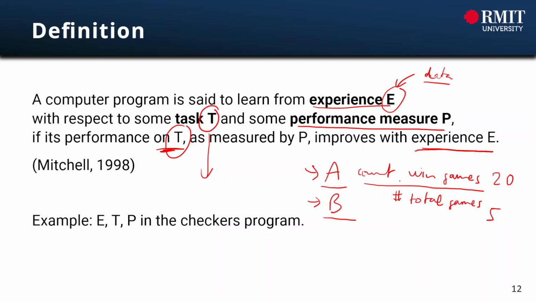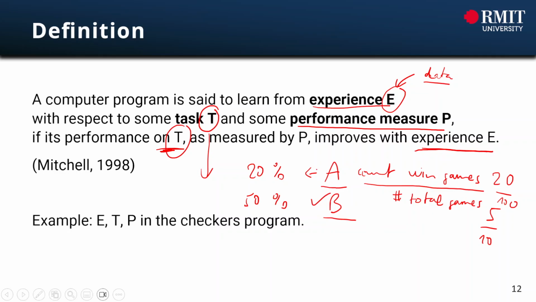Let's say A won 20 games, but it already played 100 games, so its winning rate is 20%. But program B won 5 games and only played 10 games, so the winning rate is 50%. So in this case, we say model B is better than model A.